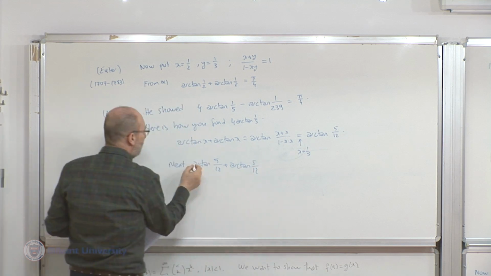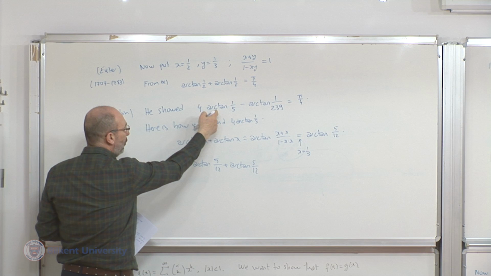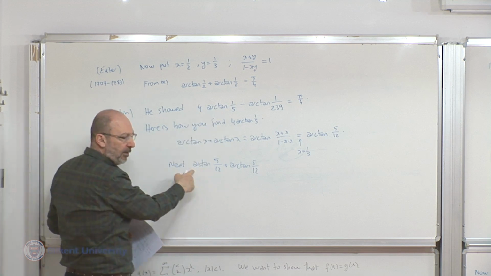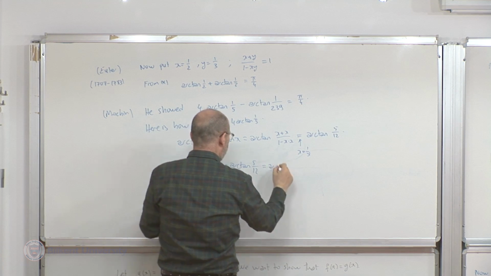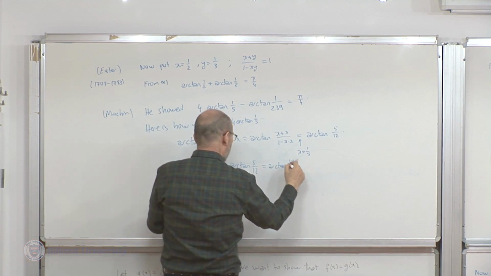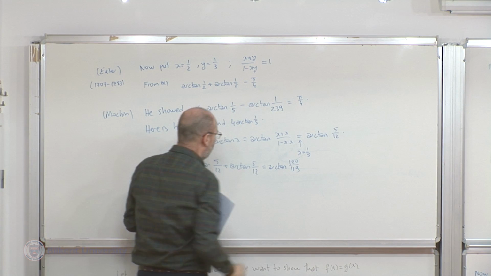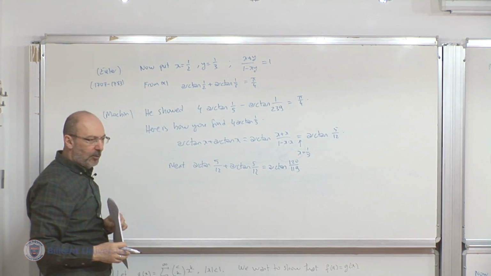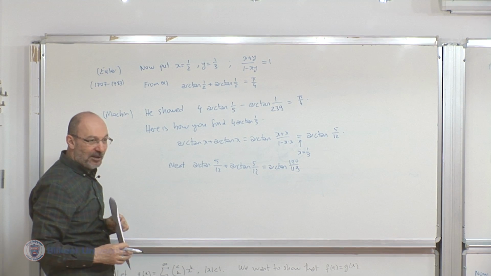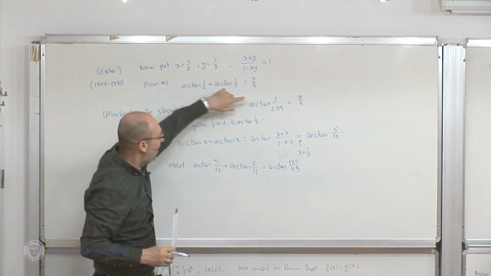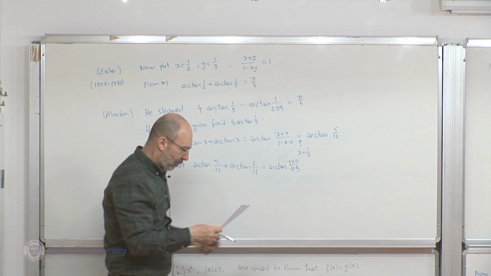Okay, so remember that this is now equal to 4 arctangent 1 over 5. Okay, so this is now equal to arctangent 120 over 119. A very complicated number. We don't recognize it, but we don't have to recognize it yet, right? It is this part. Now I'll put it over here. Okay.